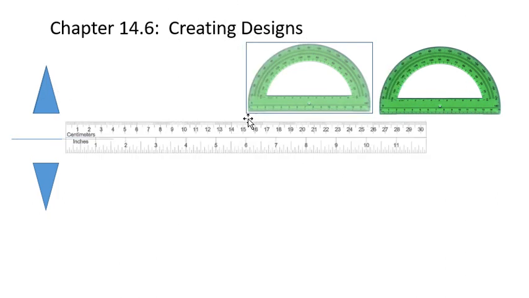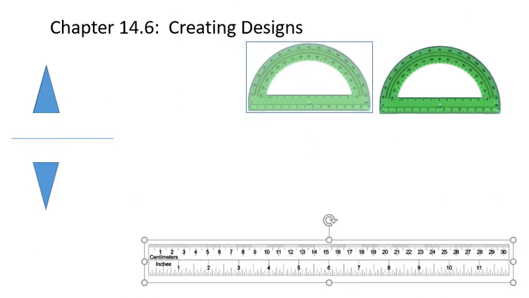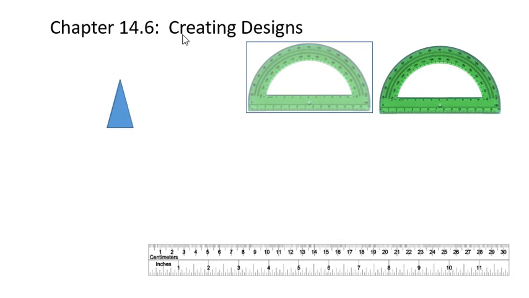But now we get to actually create some designs. I'm going to create a very simple design here, nothing too impressive. From this picture, you can tell this is my point of rotation, and I rotated it like I did in my first rotation a few minutes ago. I rotated it 90 degrees clockwise about this point.